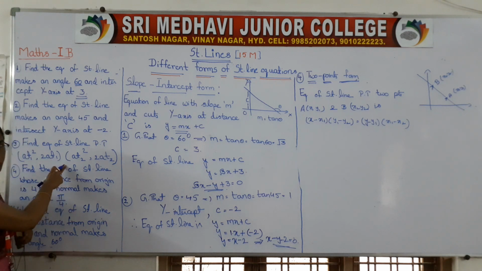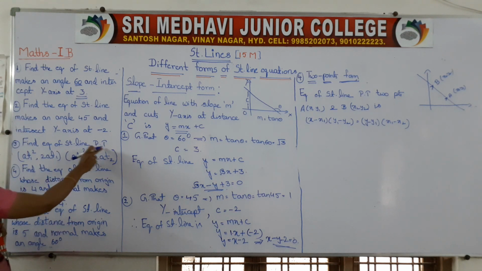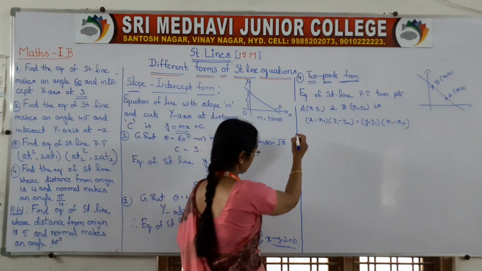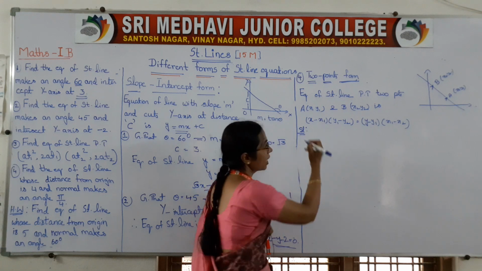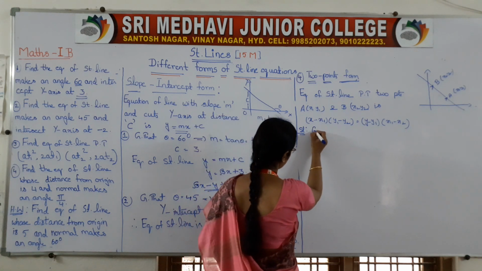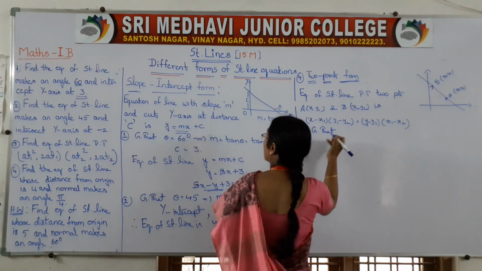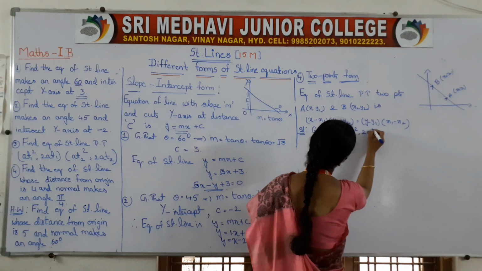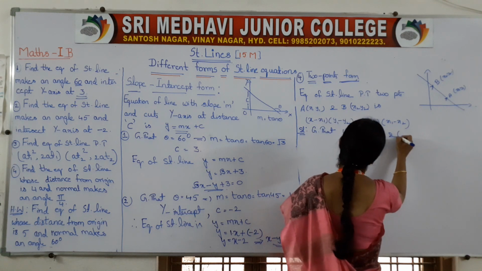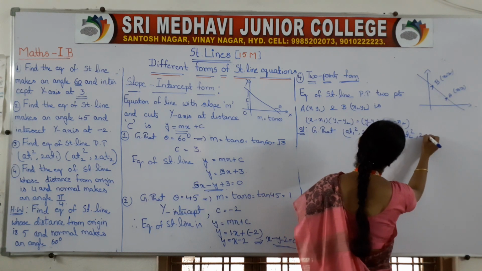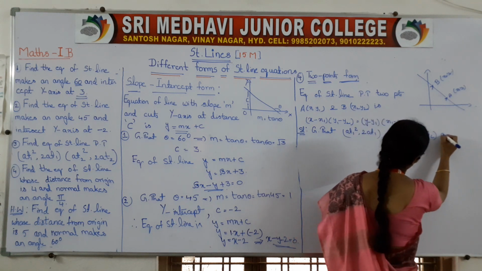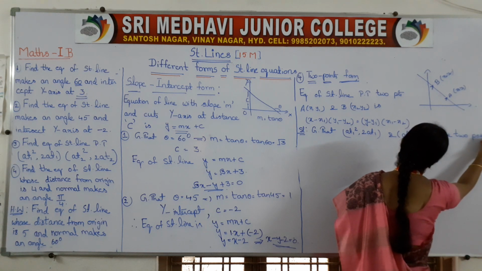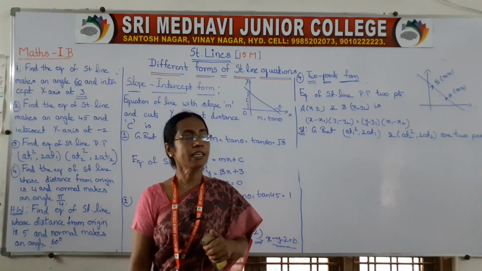Come to the third question here. Find the equation of the straight line passing through these 2 points. So now you take the solution. What are the 2 points given? The 2 points are (at1 square, 2at1) and (at2 square, 2at2), through which the straight line passes.